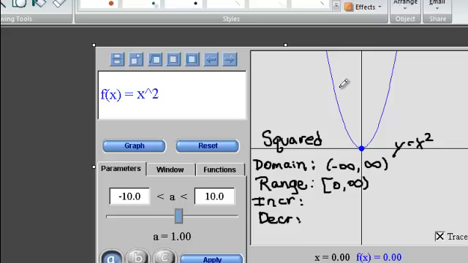Let's follow this line. We're looking at increasing and decreasing now. Looks like I'm decreasing from negative infinity all the way up to 0. And at 0, I start increasing. So from 0 on up to infinity, I'm increasing. My x and y intercept are exactly the same in this case.